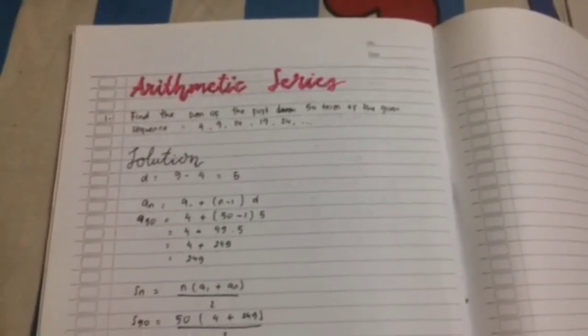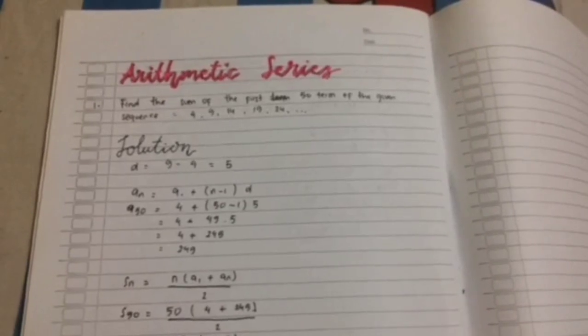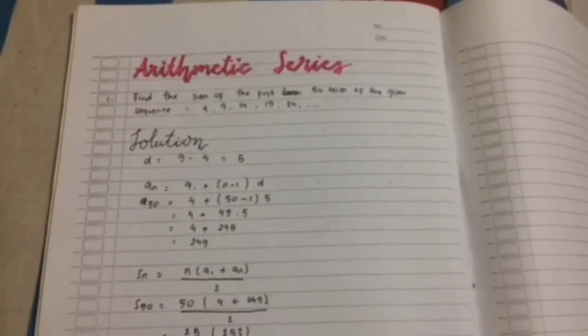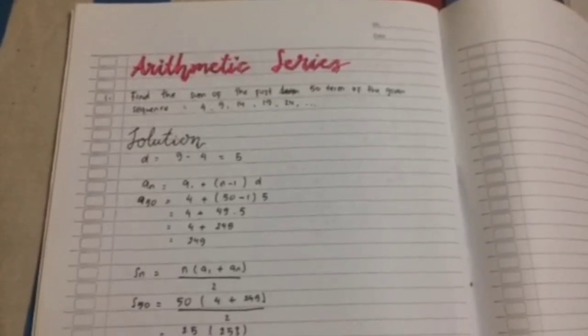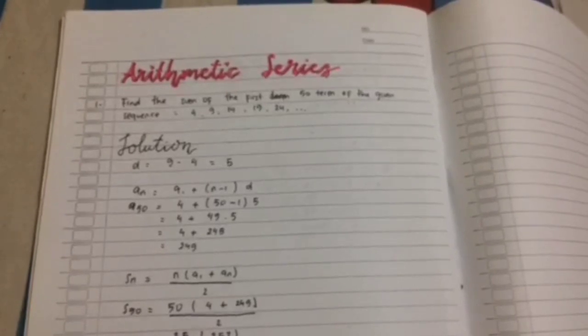Next, use the formula to determine the 50th partial sum of the given arithmetic sequence. Sum of n equal n times a sub 1 plus a sub n divided by 2.